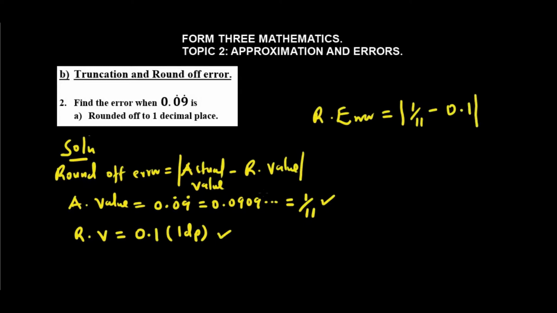Now we need to remember that the rounded off value is an estimation, so it's approximately equal to the actual value, but the variation leads to some error which may be slight, so that is what we want to determine here. So the round off error for this case, when we subtract, we have 1/110.